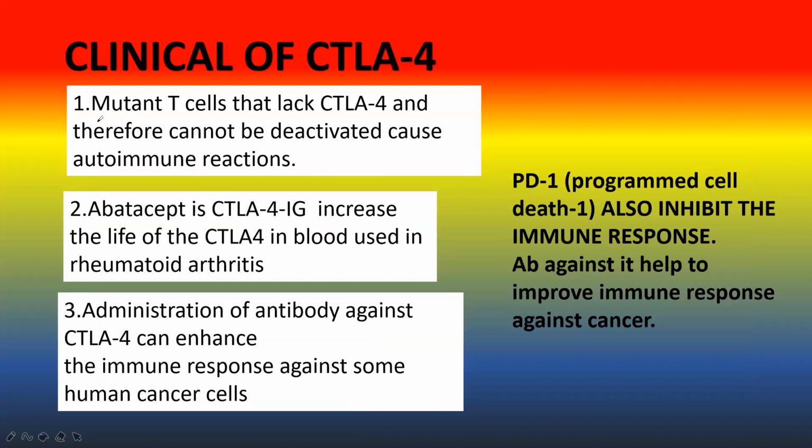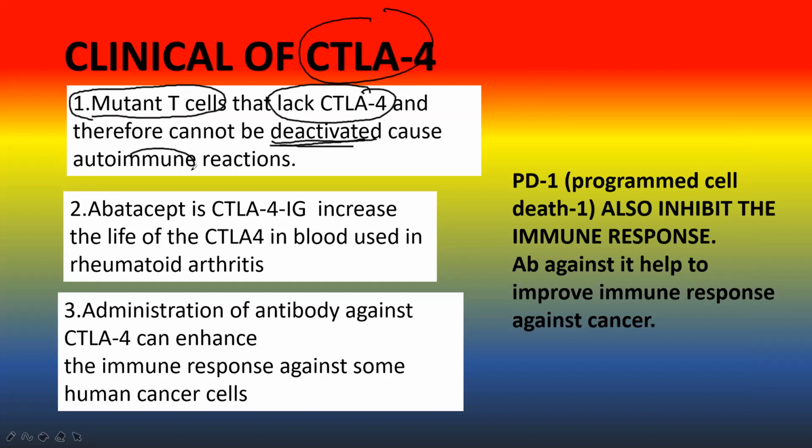Now let's see some clinical points about CTLA4. The mutant T cell, a defective T cell, if they do not have CTLA4, what happens? They are not good cells. Can you deactivate them? No, never.